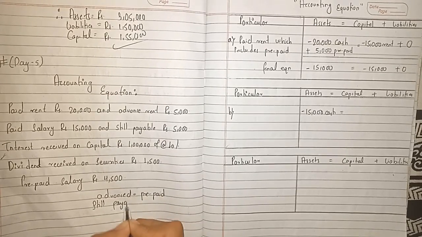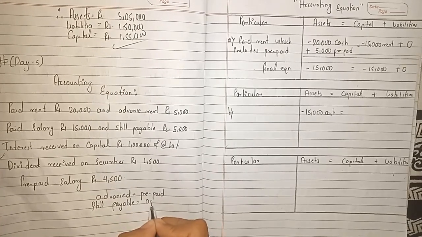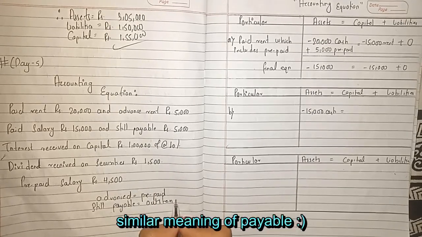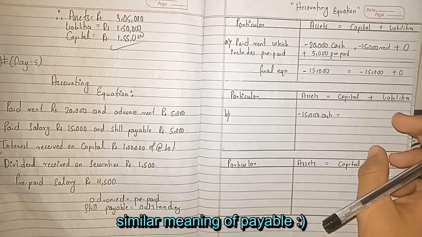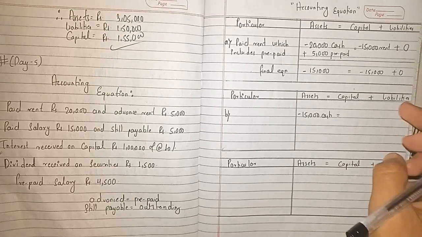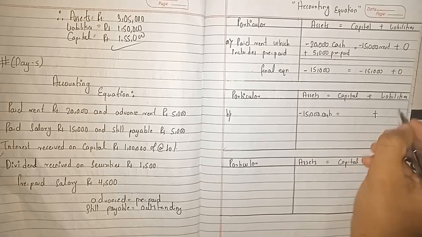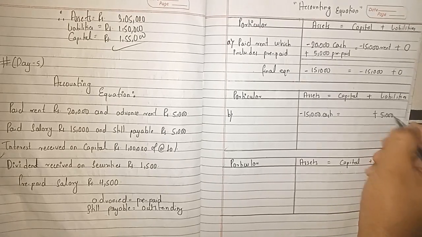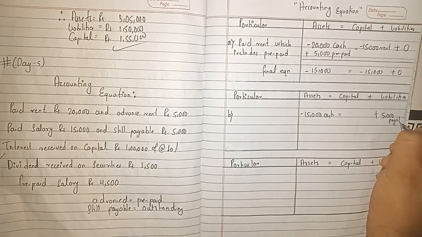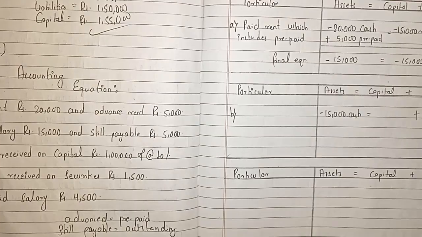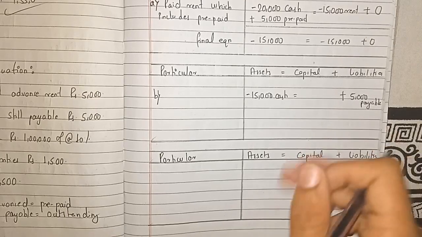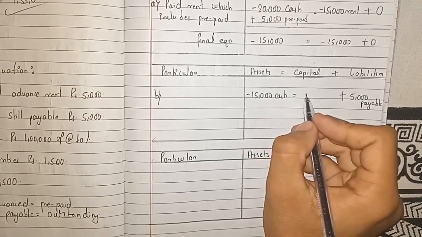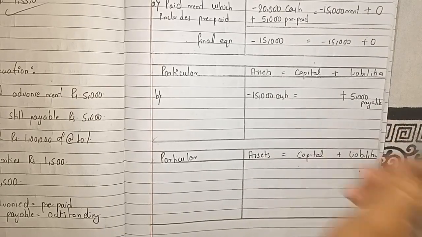Payable is equal to outstanding, and outstanding always lies in the balance sheet in the liabilities column. So we have to add 5,000 on the liability side as payable, and we have paid salary of 15,000.